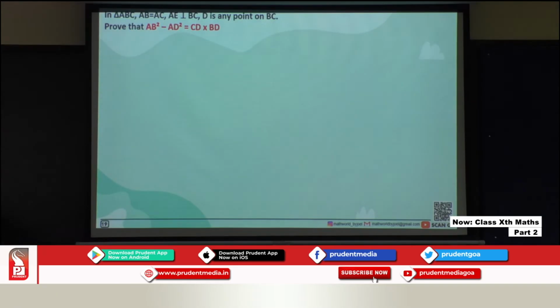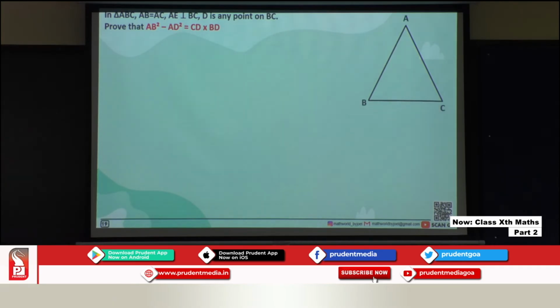Okay. In triangle ABC, AB is equal to AC, AE is perpendicular to BC, and D is any point on BC. Prove that AB square minus AD square is equal to CD multiplied by BD. Again, too weird to understand without a figure, right? So let's draw a figure. Triangle ABC, and AB is equal to AC.